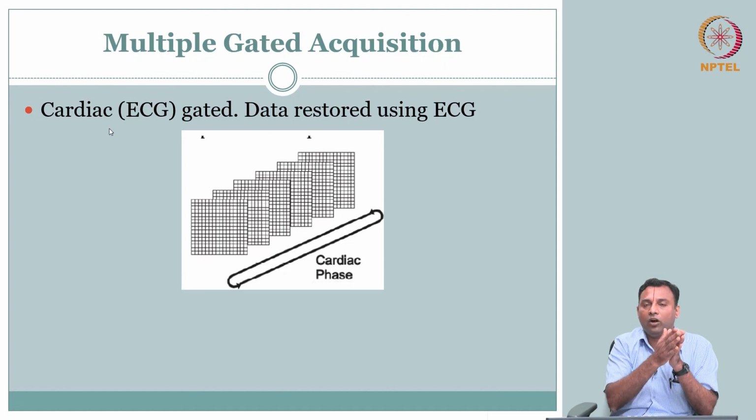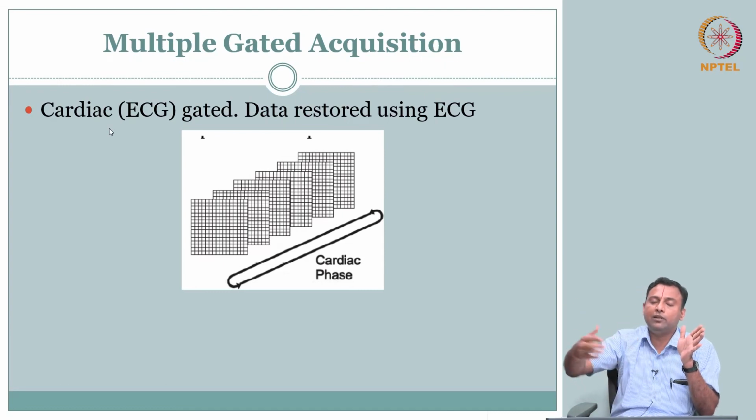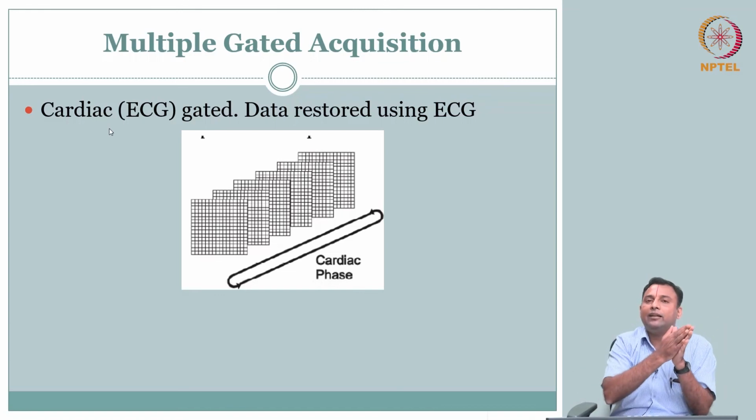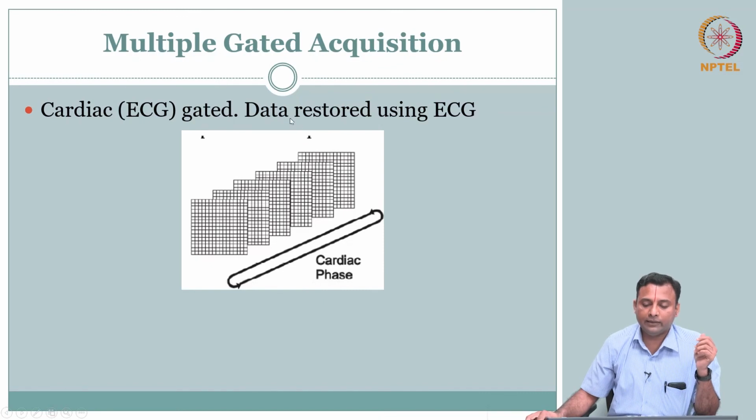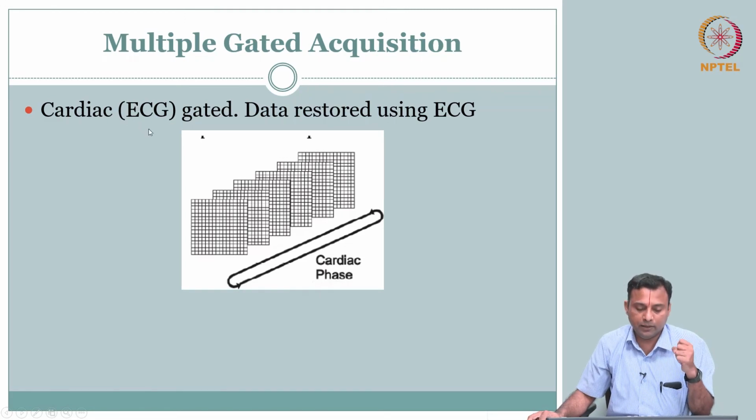All the R phases from the multiple pumpings, I can stack together and use that as one value. So with multiple gated data, you can use ECG as a trigger signal and align to it. Based on that high temporal resolution, you can organize your frames, okay.